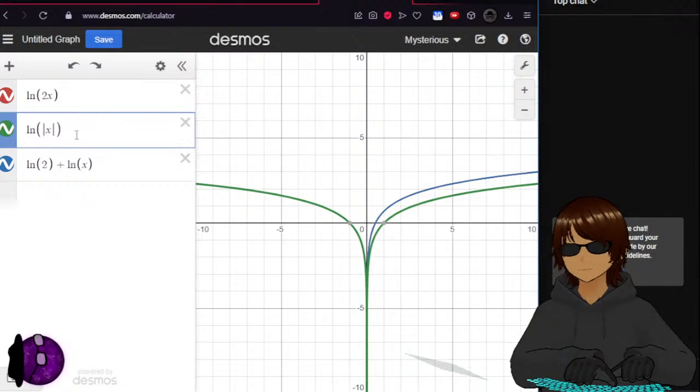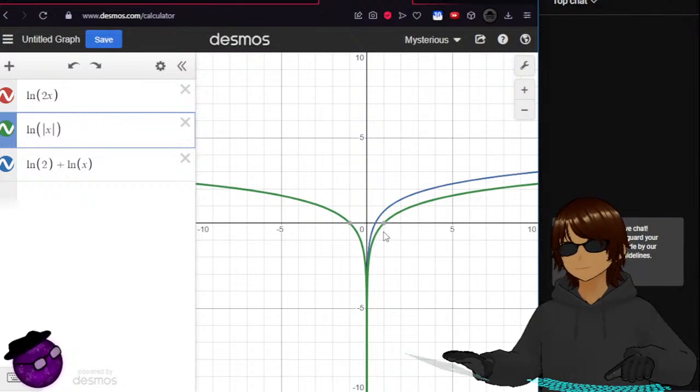Wait, hold on. Ln modulus of x goes over the entire domain.